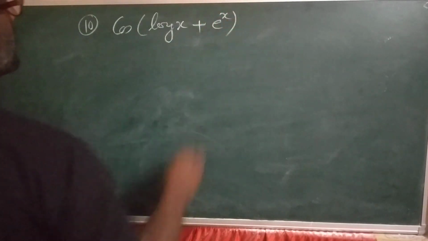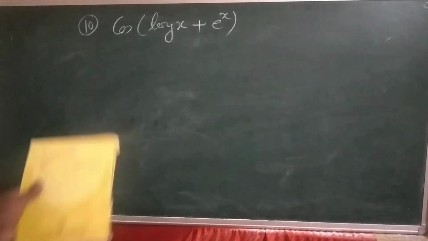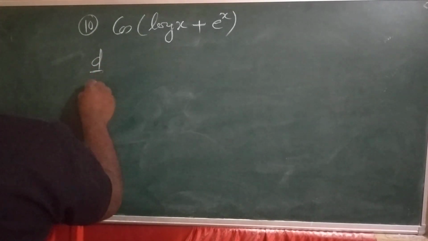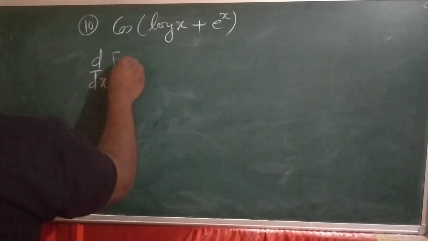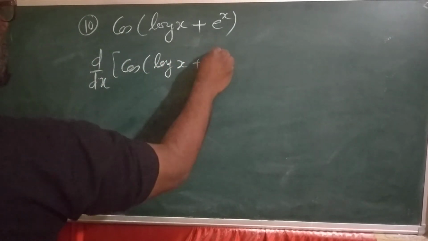This is the function. Here we have three functions. First function is cos, the next one is log x, and the next one is e to the power x. So differentiate with respect to x, cos of log x plus e to the power x.